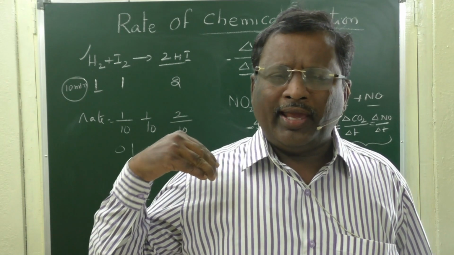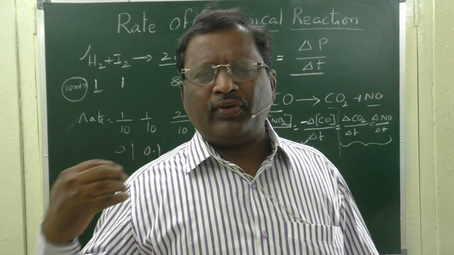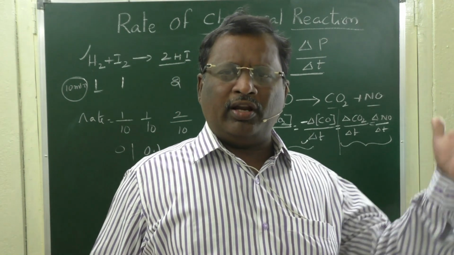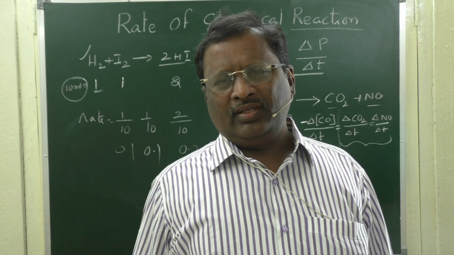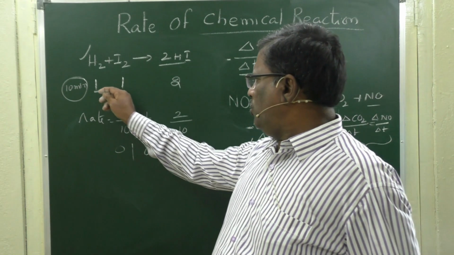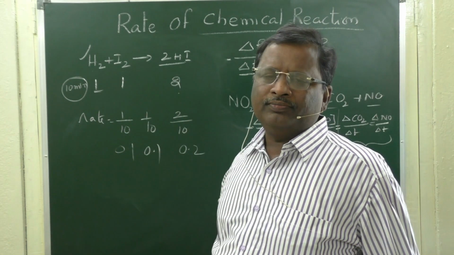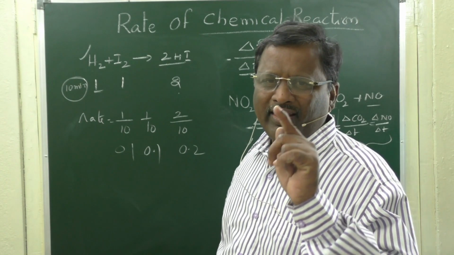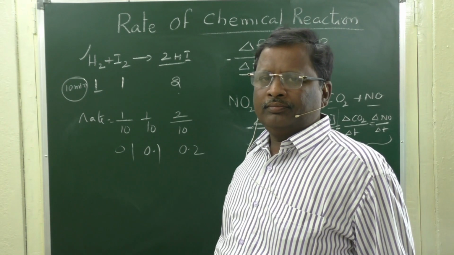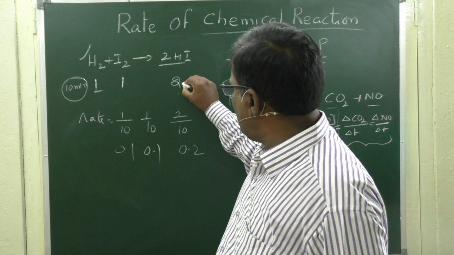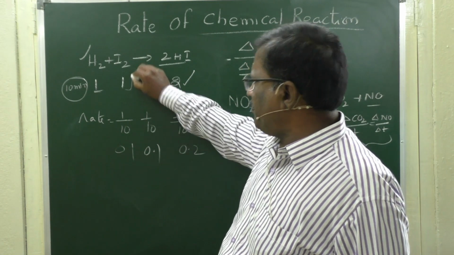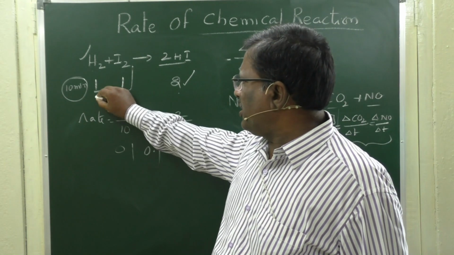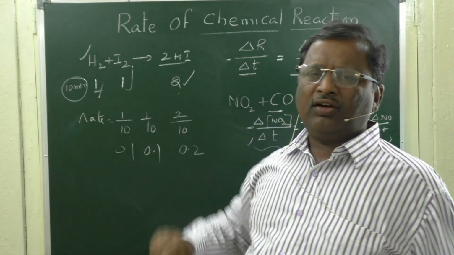Either you express the rate in terms of any one of the reactants or any one of the products. Here this 1 mole and 2 moles are not the rate. This is the number of moles of disappearance of I2. This is the number of moles of disappearance of H2.